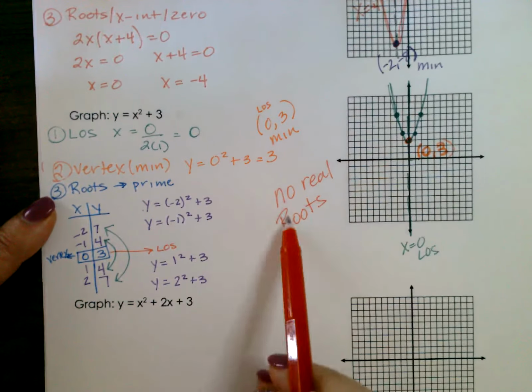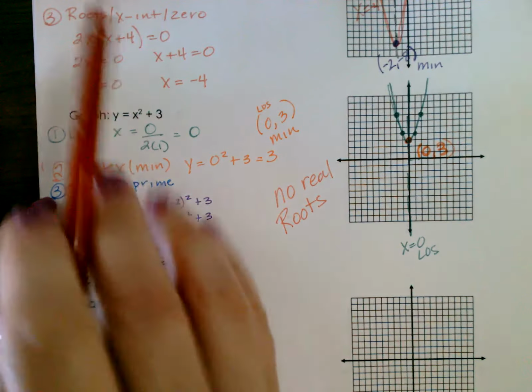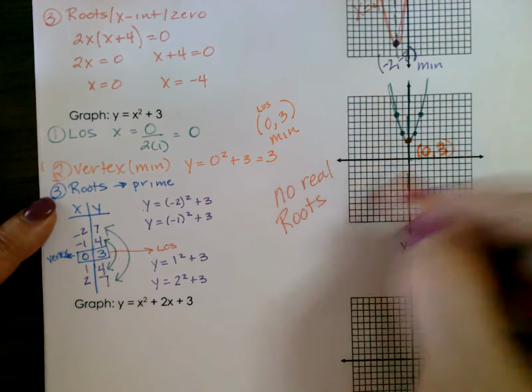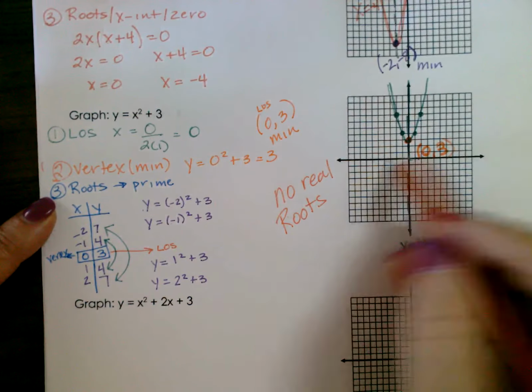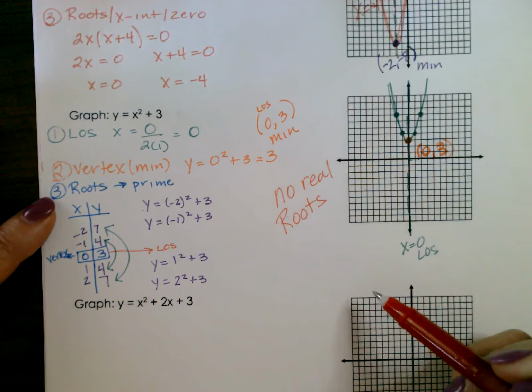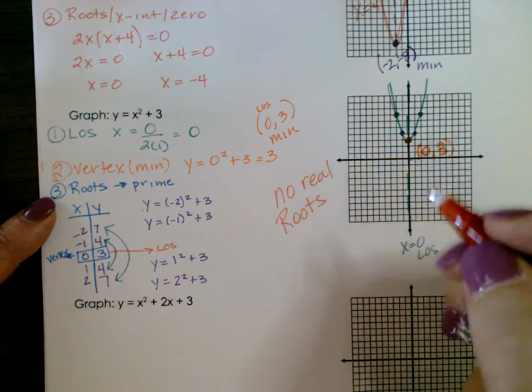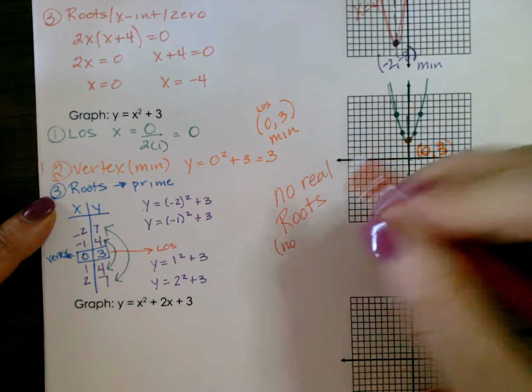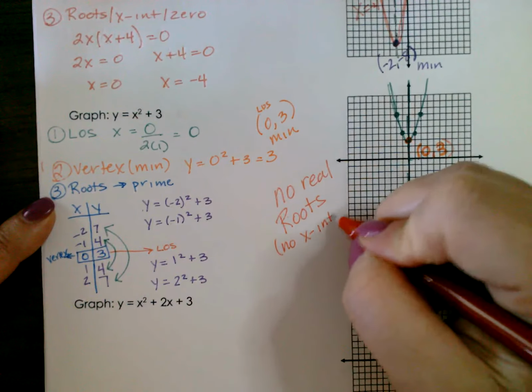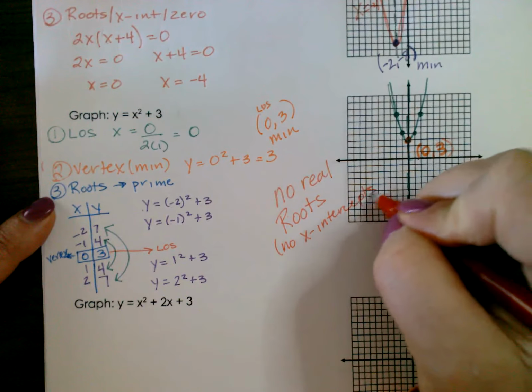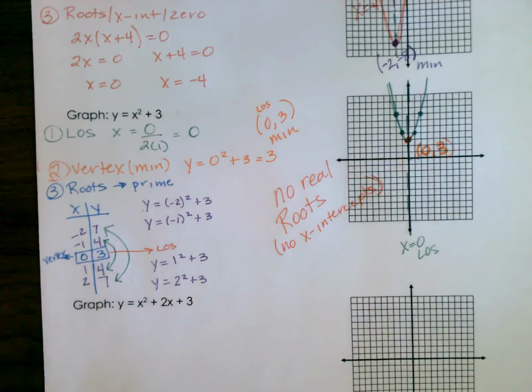Because remember, roots stand for the x-intercepts or the zeros. We can't set it equal to 0. Mathematically, it's prime. So no real roots means no x-intercepts. That will become more prevalent later.